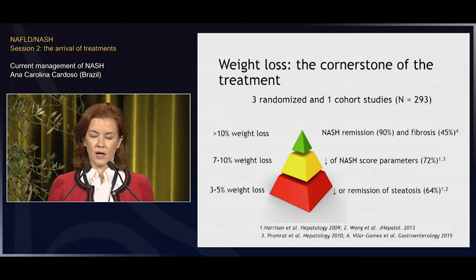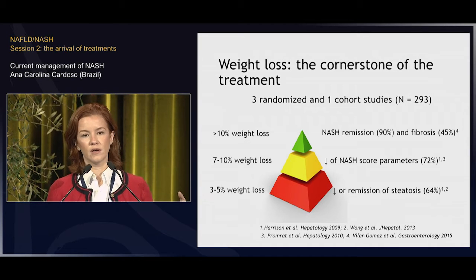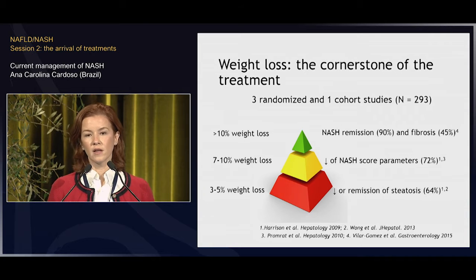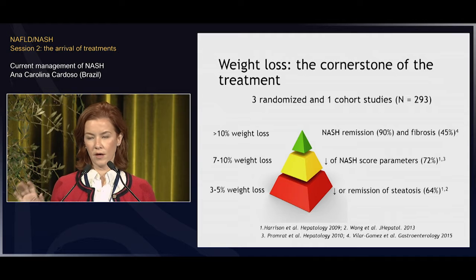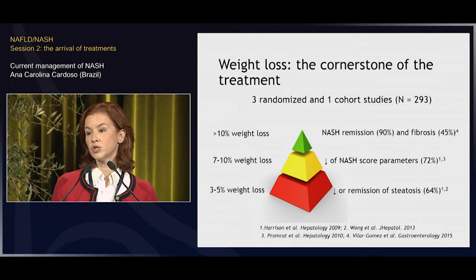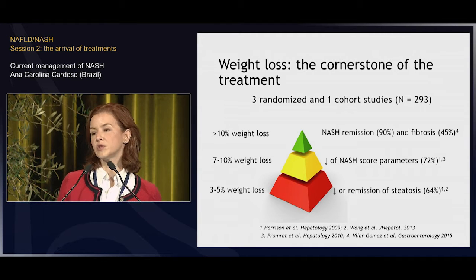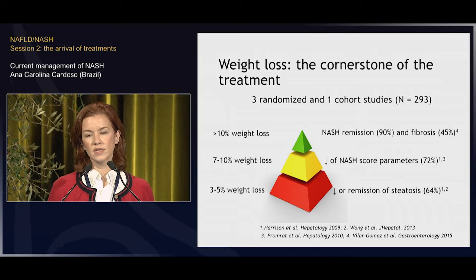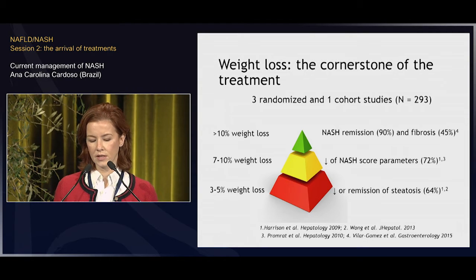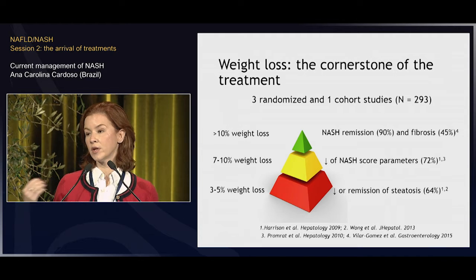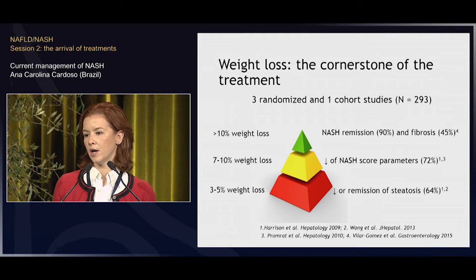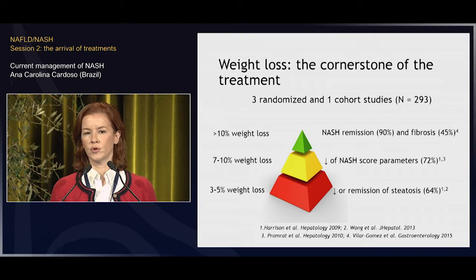So I was talking about the completely individual, but when we look at the liver disease, even if he just loses 3 to 5% of his weight, we can have a remission of steatosis in more than 50% of the cases. When he loses 7 to 10% of his weight, they can reduce NASH score parameters, and when he loses more than 10% of his weight, he can also have NASH remission and also fibrosis regression.